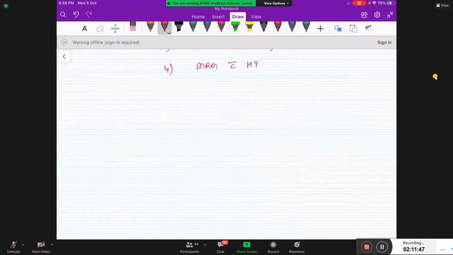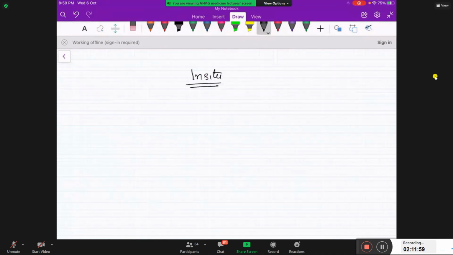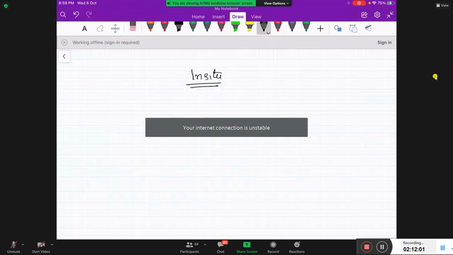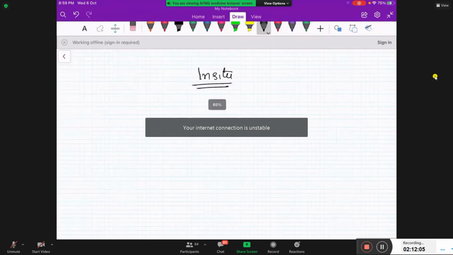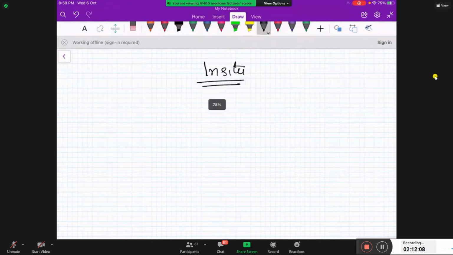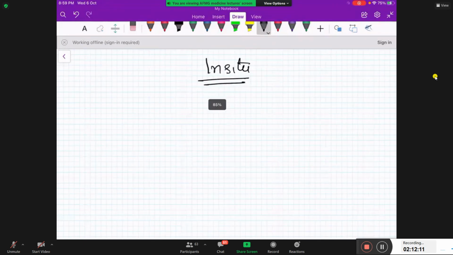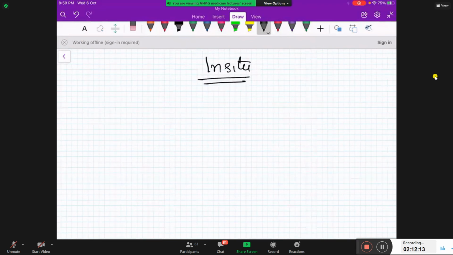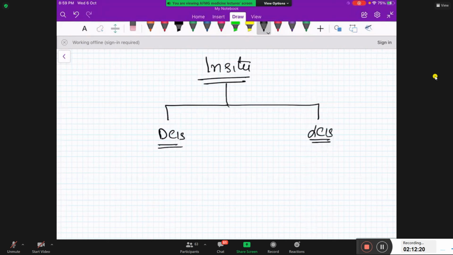So let's finish off this one. In situ cancers: we have ductal carcinoma in situ, and we have lobular carcinoma in situ.